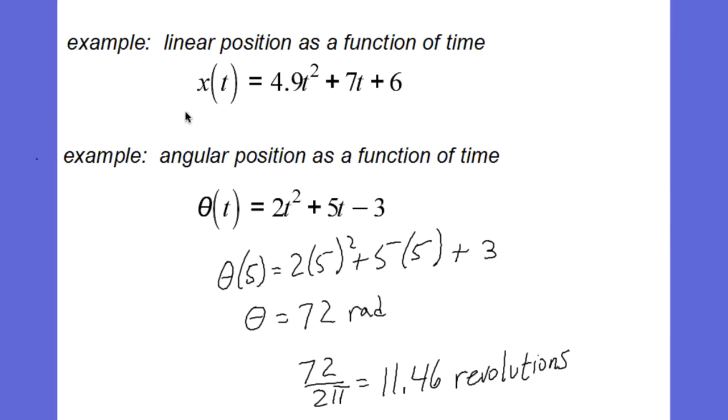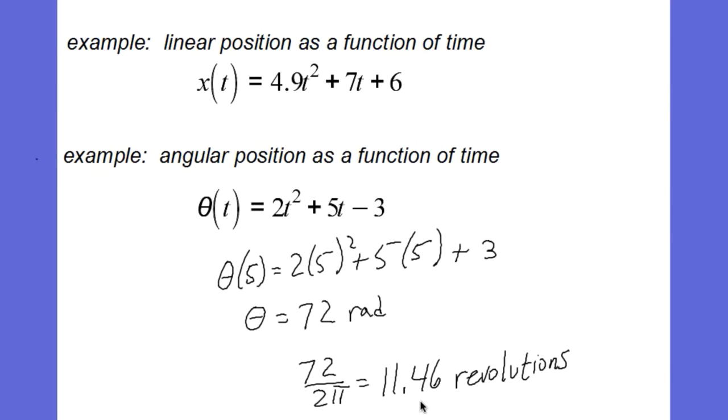And just like with linear position as a function of time, we can also use similar equations to describe angular position as a function of time. So for example, at t equals 5 seconds, my position will be at 72 radians. And if you want to find out where on the circle that is, you can divide it by 2 pi.